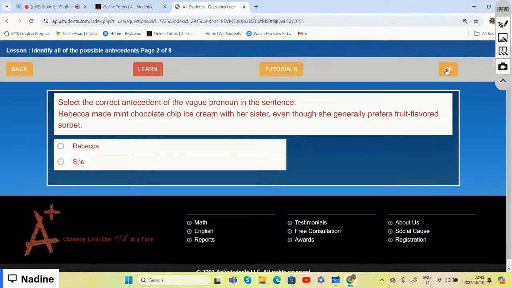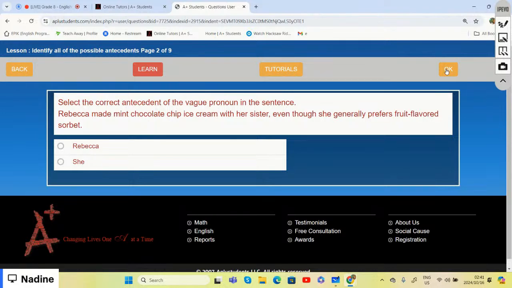What is the correct antecedent of the vague pronoun within the sentence? Is it Rebecca, option one, or is it she?